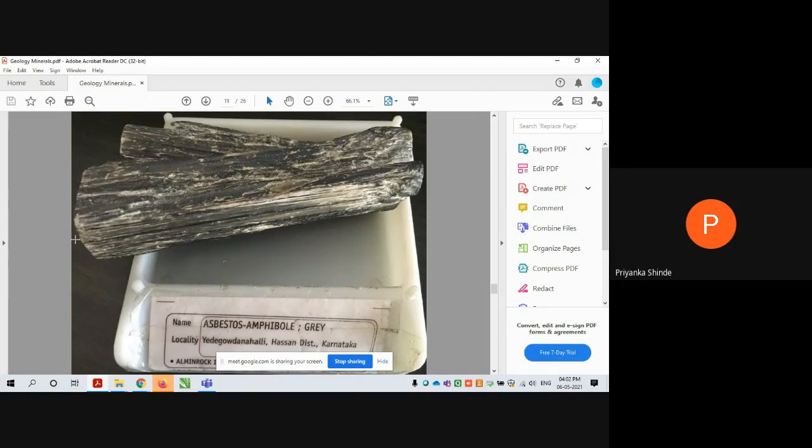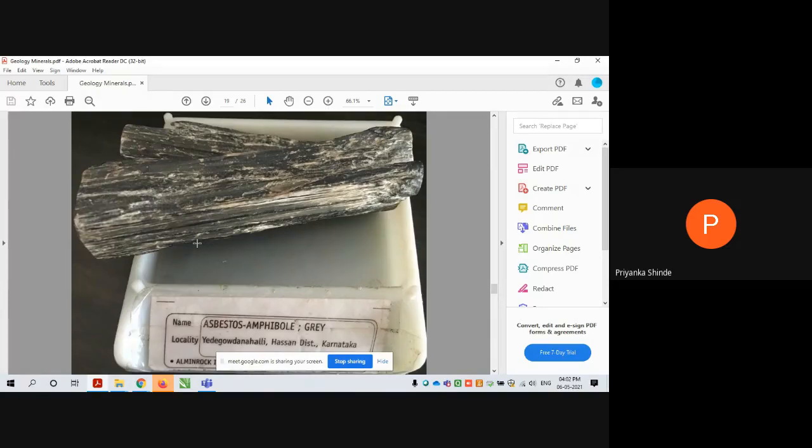So the form is fibrous and the luster is silky. It looks like a silk fiber. The color is black or gray, but if you check the streak, it is white in color.